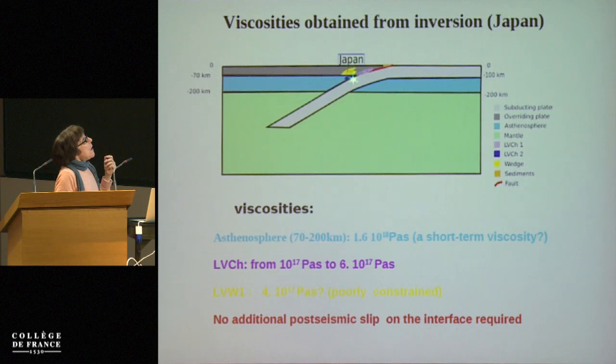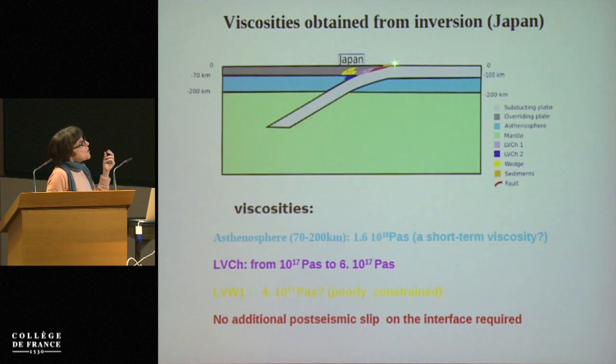And the yellow area here is not well defined. In fact, we can put a viscosity there of the order of a few times 10^17 Pascal second in a low viscosity wedge, but it does not improve very much the results. So I would say it's not very well resolved.